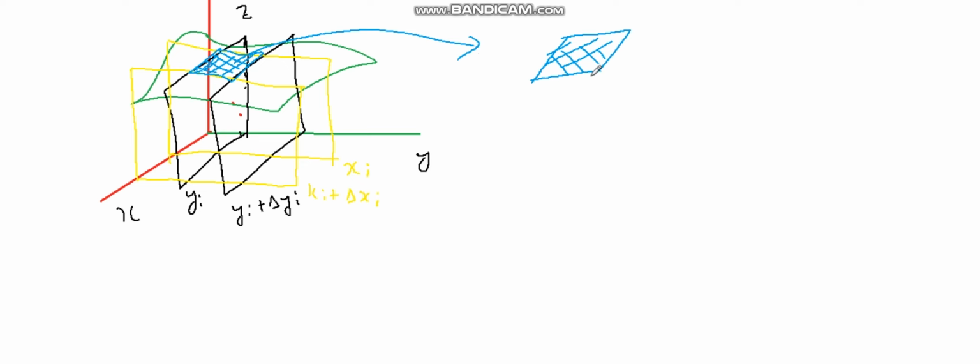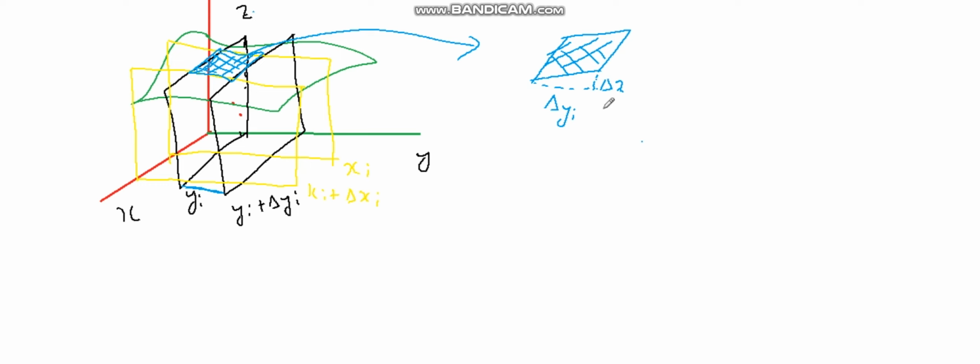And one thing that we know, that the x-axis, first let's say y-axis. Okay, so this distance is delta y, so obviously this distance is going to be delta yi, and corresponding to that this distance is going to be delta z. This is the z axis. Okay, right?